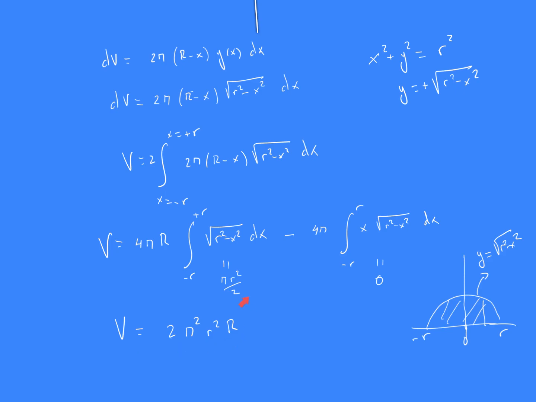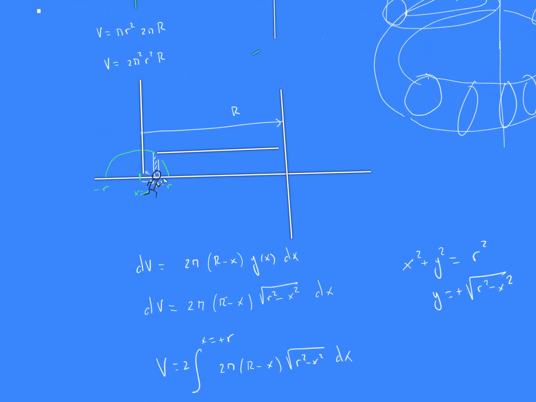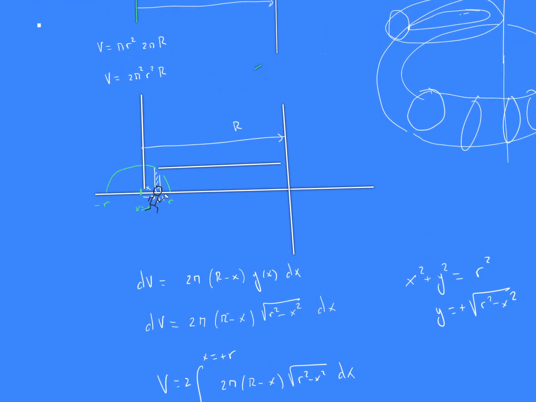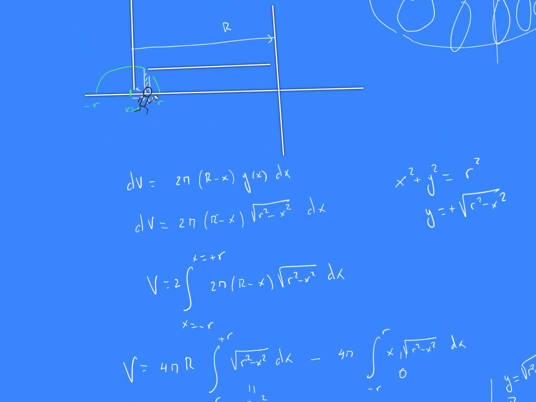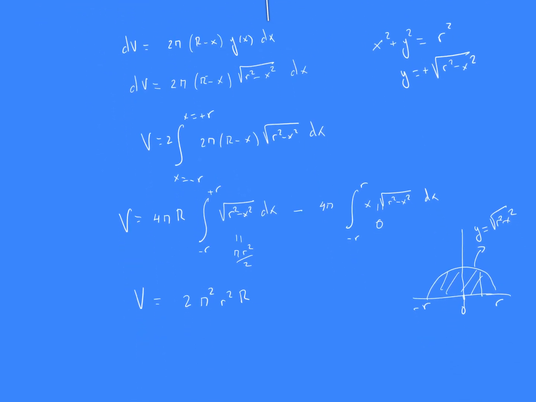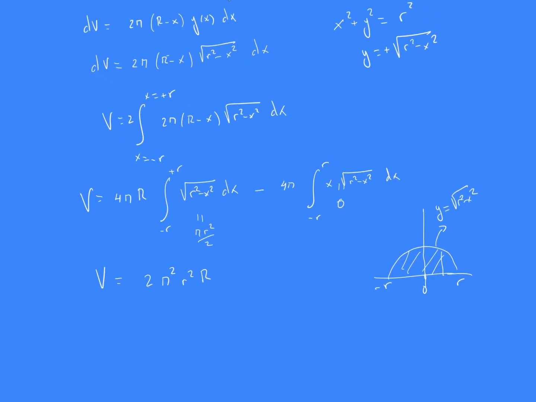So this will be the volume, and it's exactly the same volume that we found before, 2 pi squared r squared R. But you will say, wait, what happened with the other integral?